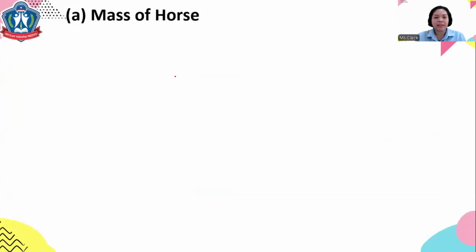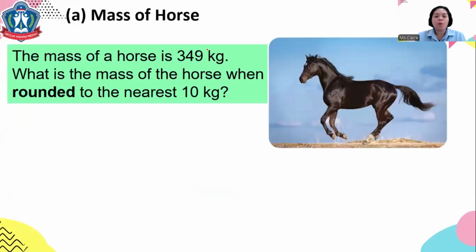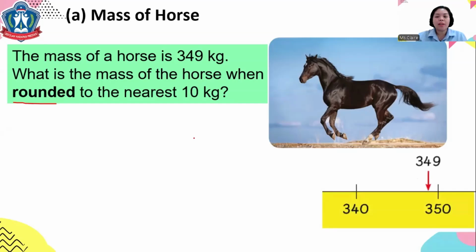Now, let's have another problem. The mass of a horse is 349 kilograms. It's very heavy, right? What is the mass of the horse when rounded to the nearest 10? When we see rounding, children, we estimate where the number is closest to, by tens or by hundreds. Because we are talking about the nearest 10, we focus on the tens digit.